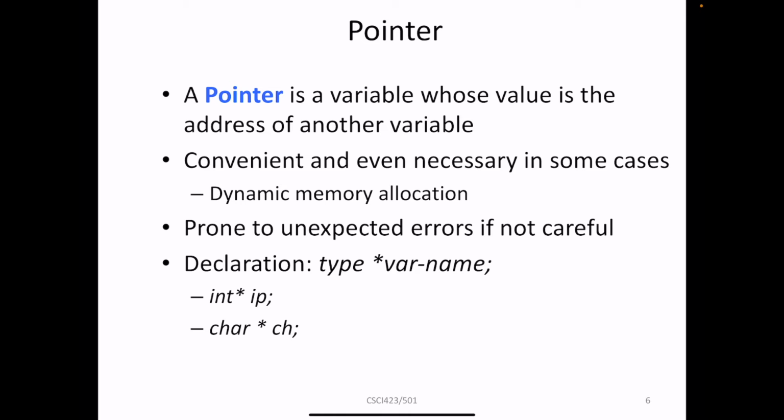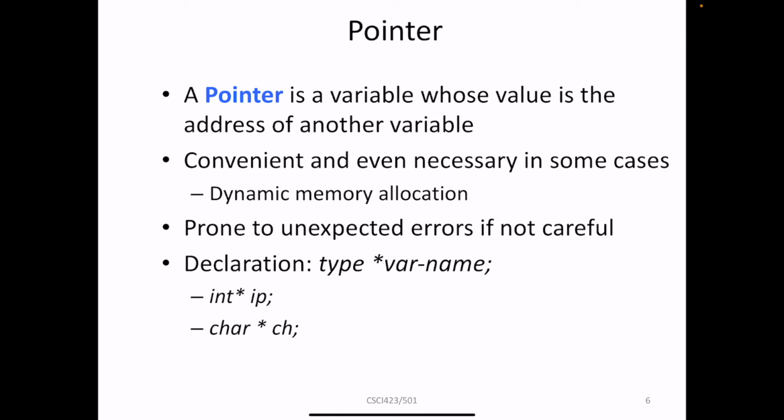So from this example, you can see the next point of the C programming language. C is prone to unexpected errors if it is not carefully handled. So even though a pointer is convenient and sometimes necessary, when you use it, you must be very, very careful.